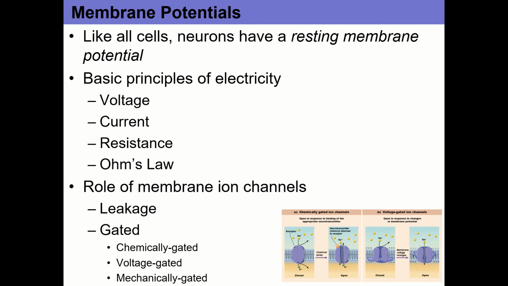But when the inside of the cell becomes more positive, voltage-gated channels open. And the basic pattern here, at least with respect to neurons, is that a neuron will receive a neurotransmitter, a chemical signal from another cell. That causes chemically gated channels to open.